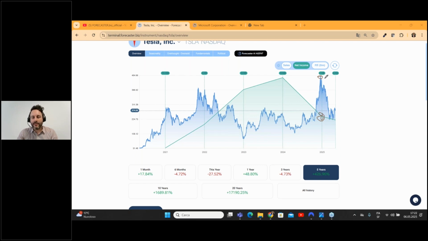And look what happened. Prices fell down and they reached exactly what we call the equilibrium level, which is the net income line. Okay, this is really amazing. This is really an amazing tool, because it allows you to jump into a stock which in this specific moment could be in a very pessimistic mood from the investors.